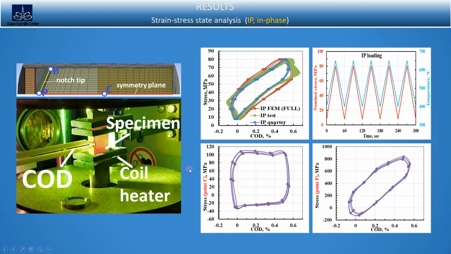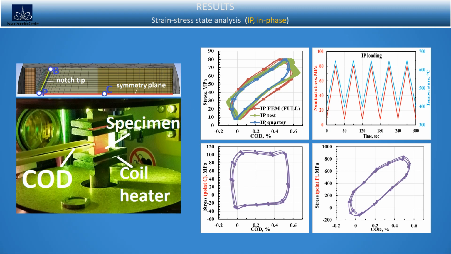The figure above confirms the comparability of the calculation results with the data measured in the test. Hence, it follows that the measured data of the notch opening displacement don't describe the strain-stress state in the whole specimen cross-section.